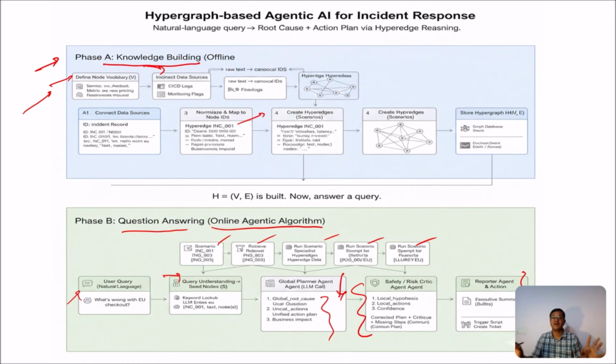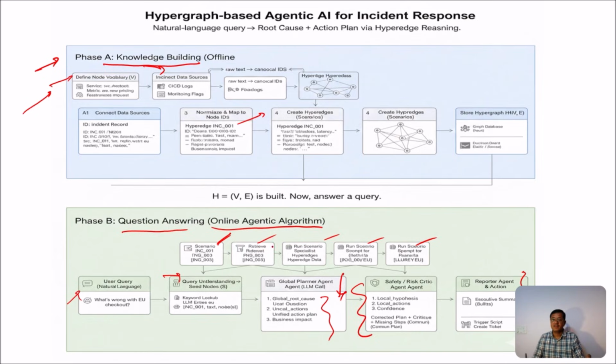So this is the complete scenario of how a hypergraph-supported multi-agent system will work. The data is stored in the form of hypergraph edges, and how they are connected is very important.